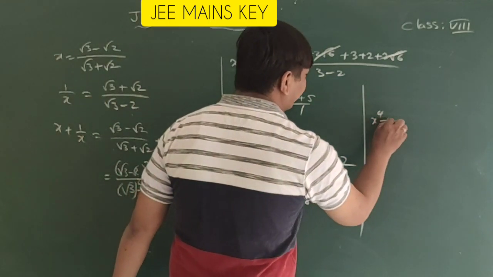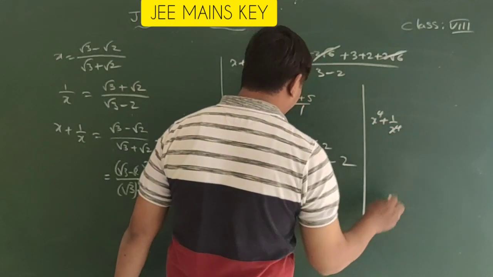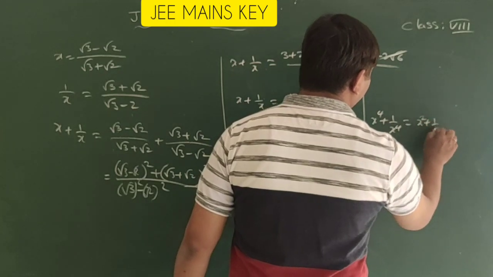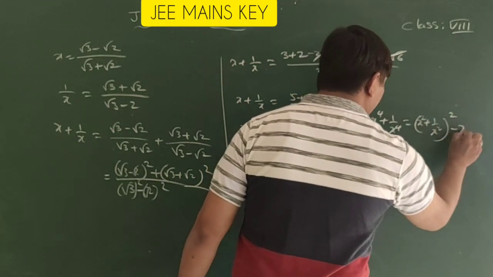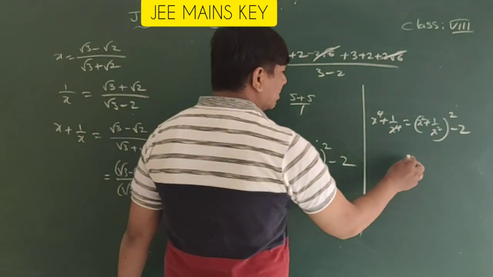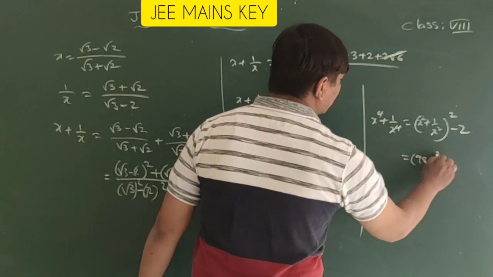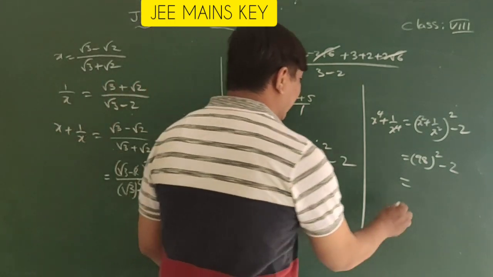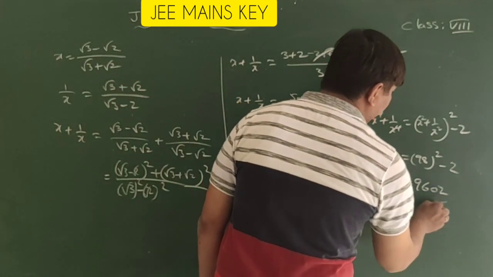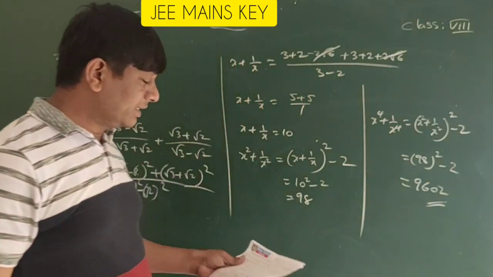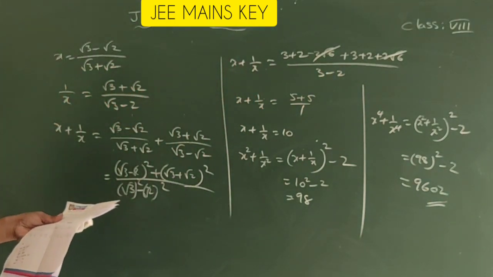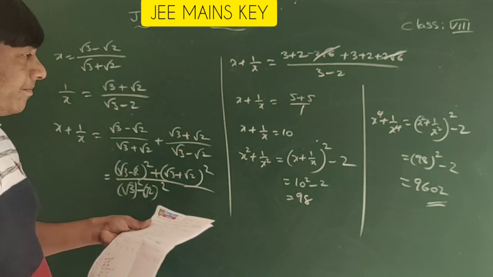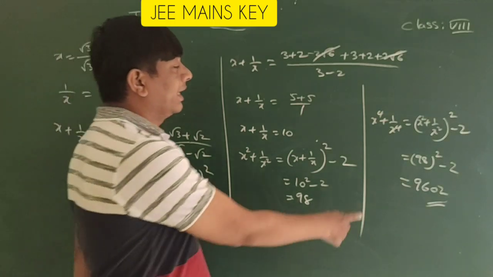So x power 4 plus 1 by x power 4 is equal to x square plus 1 by x square whole square minus 2 again. So that is equal to 98 whole square minus 2. After simplification you will get 9602. That is 9604 here, minus 2 is 9602.